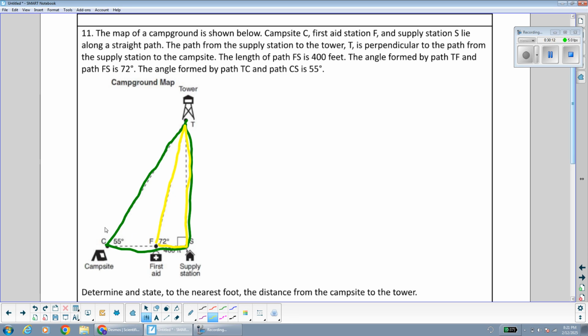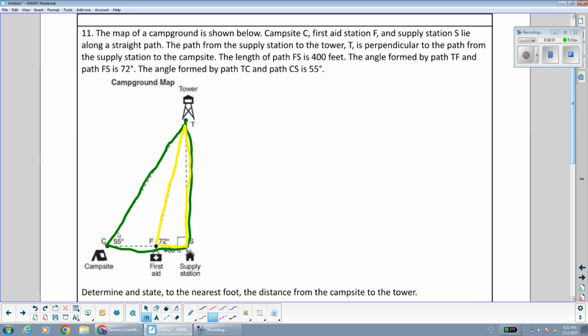If I was trying to make a cosine or sine ratio with the 55 degrees, cosine 55 equals blank over blank. Two unknowns, not going to work. Sine of 55 equals blank over blank. Two unknowns, not going to work.